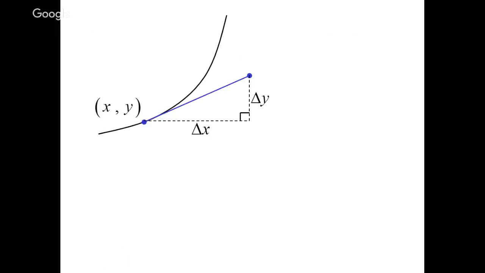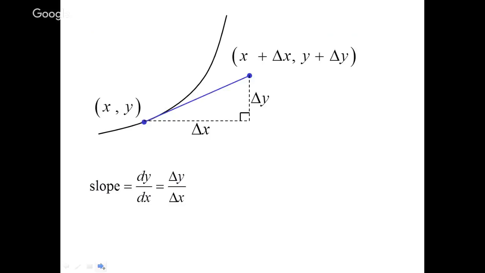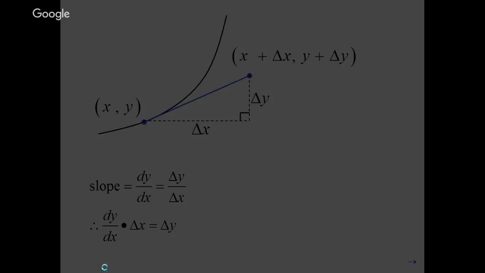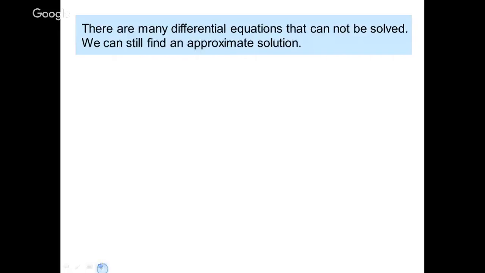And is that new point an underestimation? Because it's not on the curve, is it? No. If it's concave up, it'll be an underestimation. But then you can repeat the process and find the slope at that new point using the same derivative.